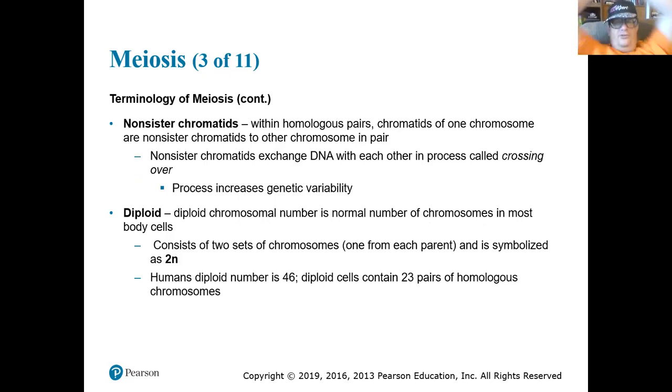Now, non-sister chromatids in homologous pairs, chromatids of one chromosome are non-sister chromatids of the other chromosome pair. Non-sister chromatids exchange DNA with each other in a process called crossing over.